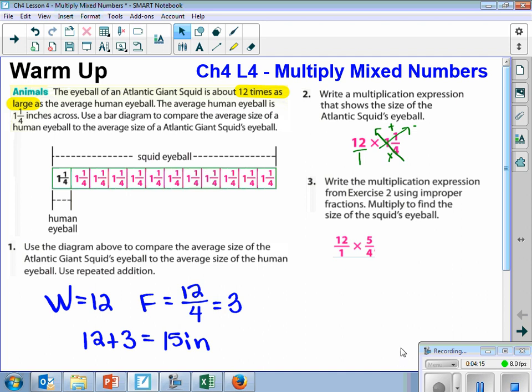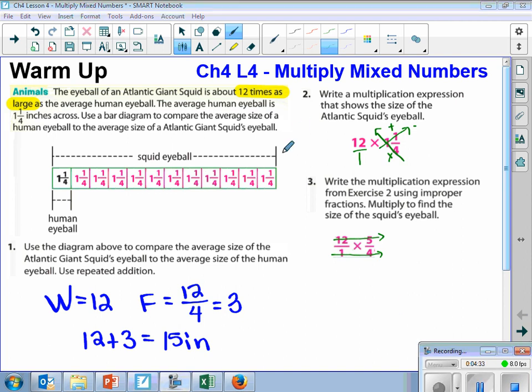And of course, if they asked you to multiply this, we would multiply straight across. Is everybody clear with that? Is there something that I can do before I multiply straight across to make this an easier problem? Good. We could simplify before we multiply. And you can see that with the 12 and the 4, they have a common factor that we can divide out, right?